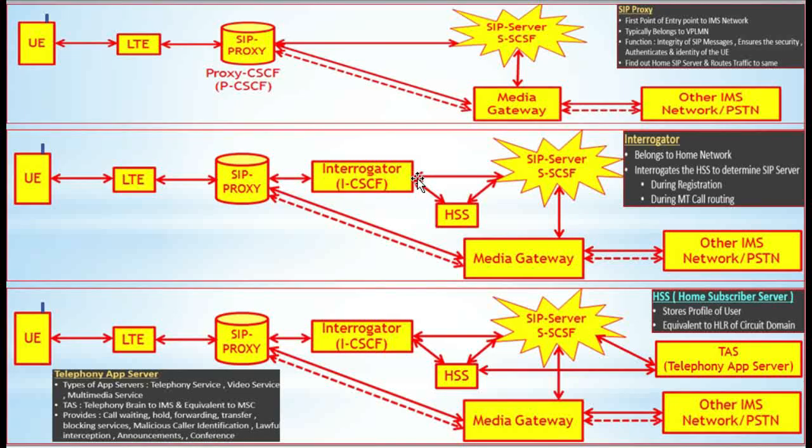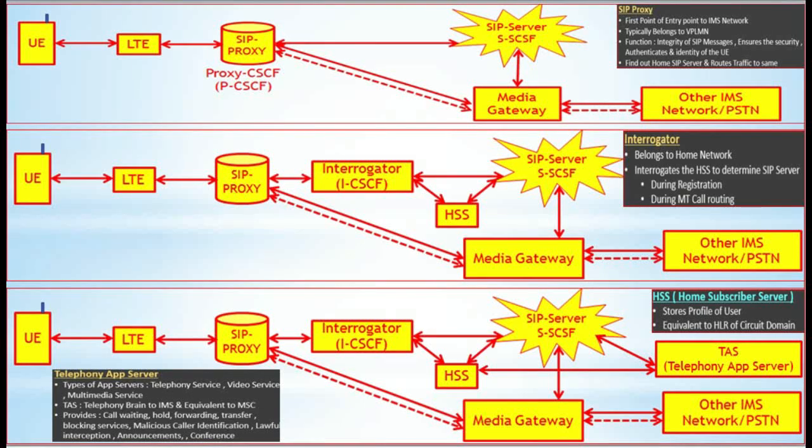The SIP proxy is the first point of entry to the IMS network. The proxy SIP server is typically located in the visitor PLMN network.